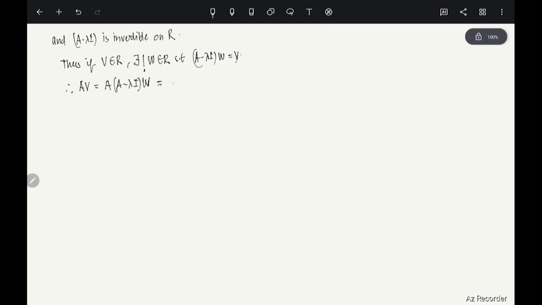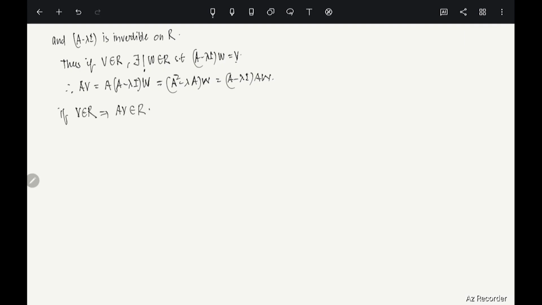Now this is nothing but A squared minus lambda A times W. Okay, that is nothing but A minus lambda I times AW. So I wrote it like this. Clear? Okay. See, what this shows is if V is in the range, then AV is also in the range.